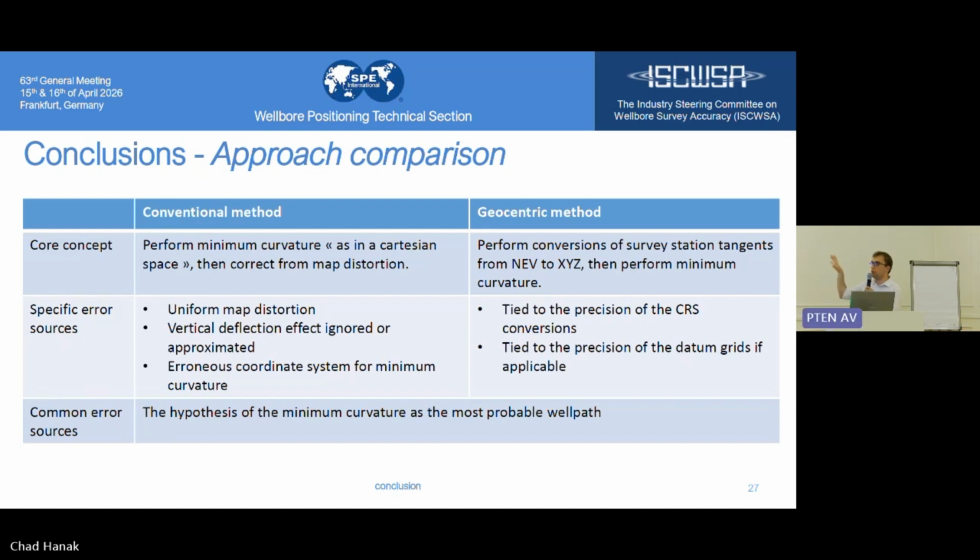The main approximation we are making in the conventional manner is that we consider at a certain stage that minimum curvature is applied as in Cartesian space, because we apply it in a northing, easting, vertical reference system, which is kind of inaccurate because minimum curvature is only valid mathematically in a Cartesian space, which is much more accurate in XYZ CRS.